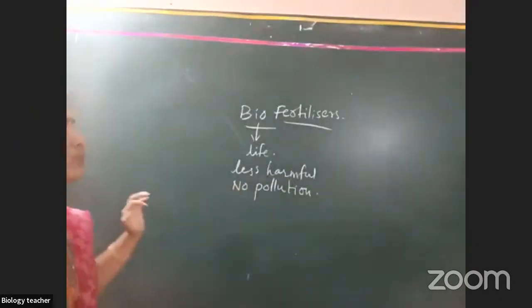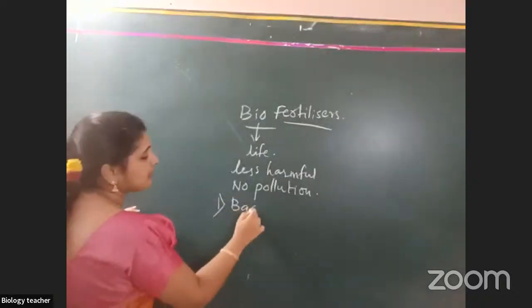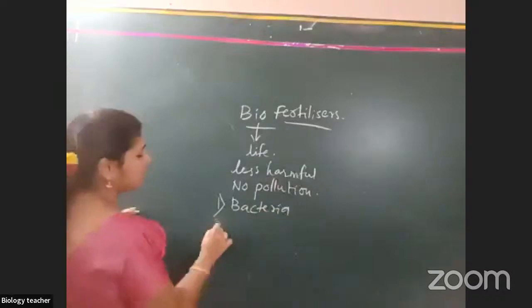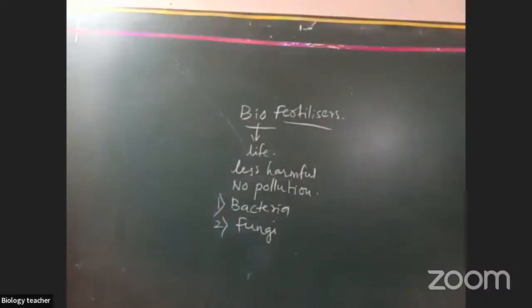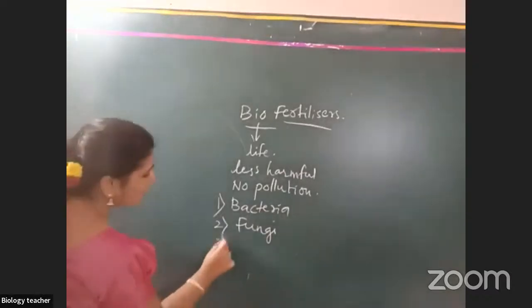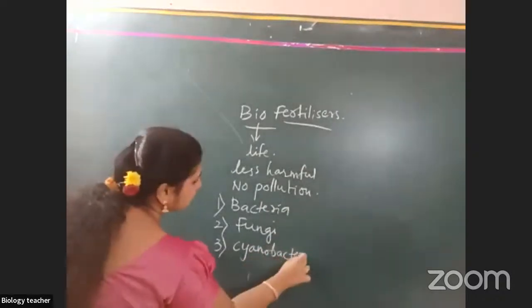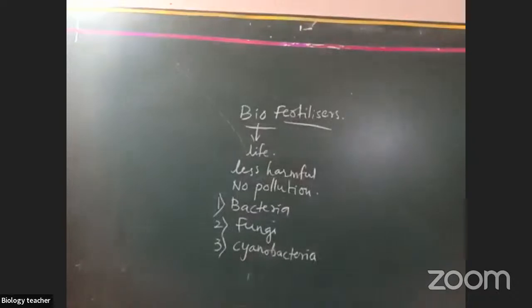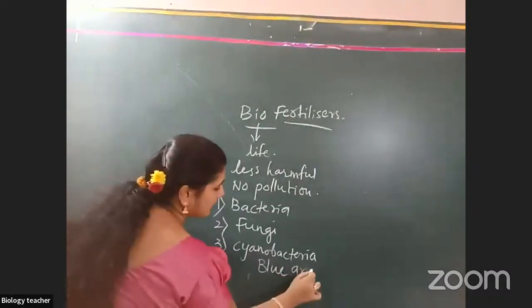Biofertilizers. We use many types of organisms as biofertilizers: microorganisms, bacteria, fungi, and sometimes others like cyanobacteria, which is known as blue-green algae.